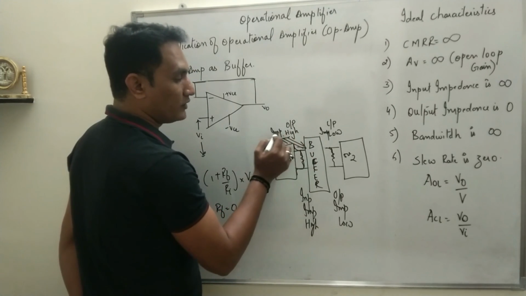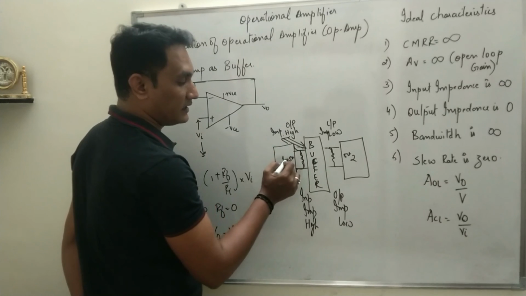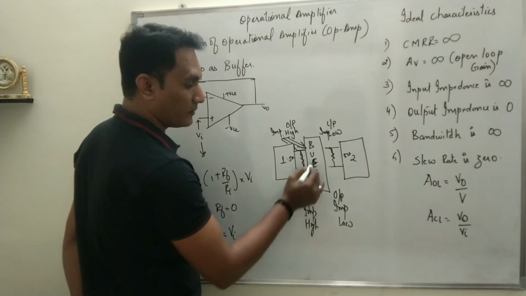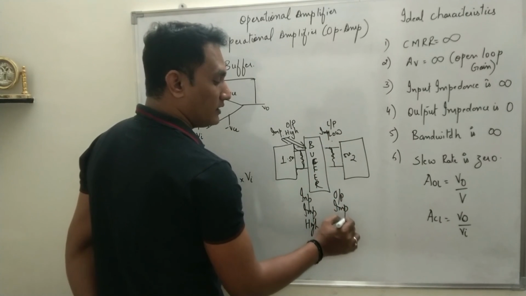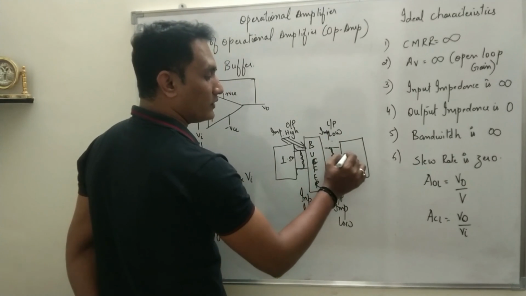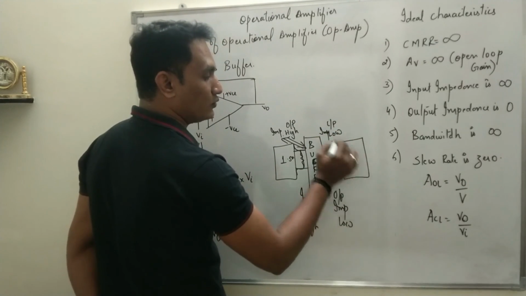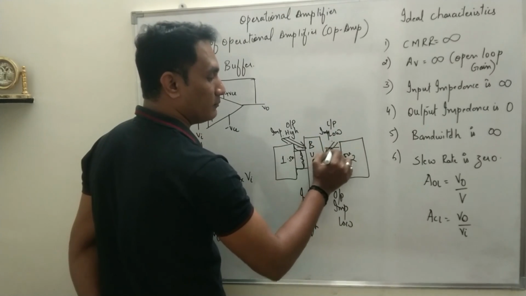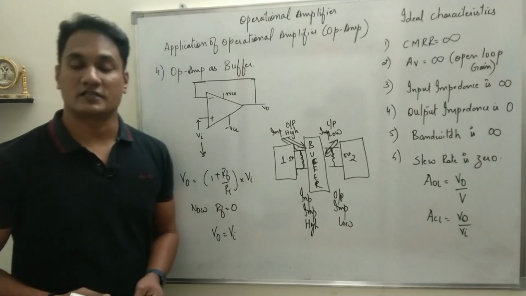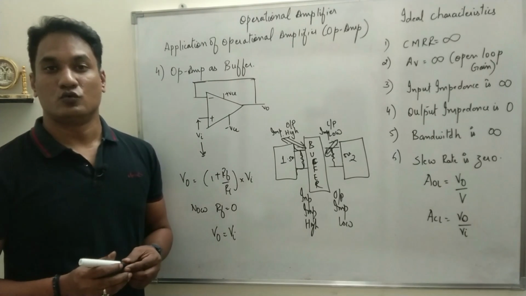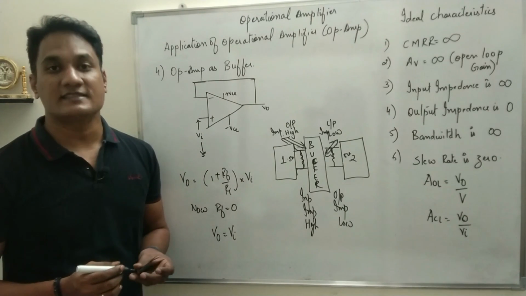The output impedance of the first circuit and the input impedance of the op amp are both high, so impedance is matched. Similarly, the output impedance is low for the buffer and the input impedance of circuit 2 is low, so here also the impedance is matched. So basically, op amp as buffer, or the buffer circuit, is used for impedance matching.